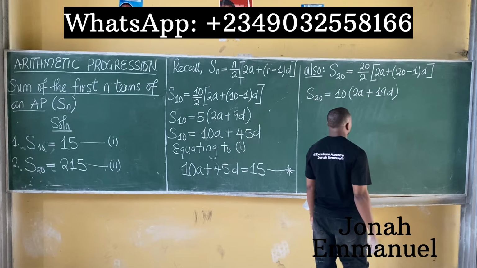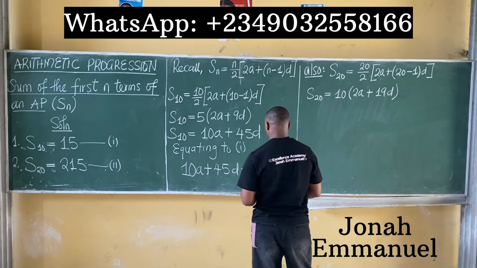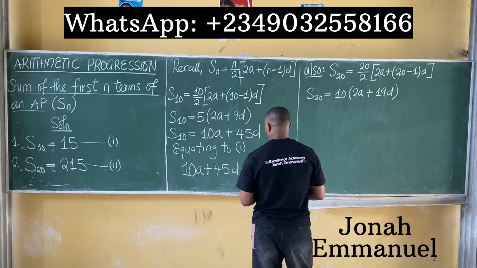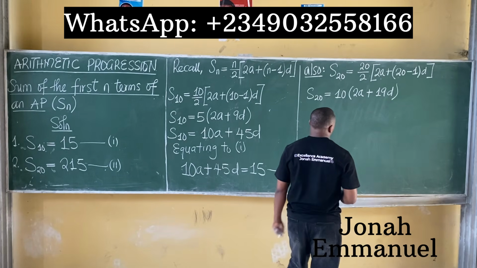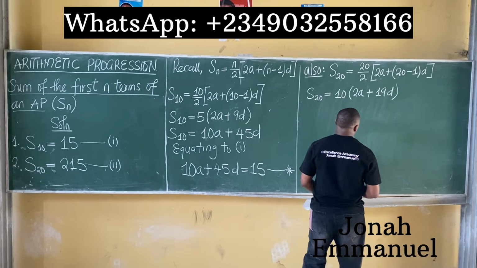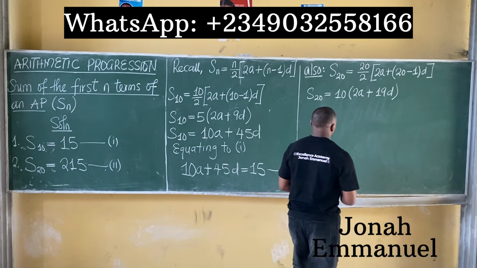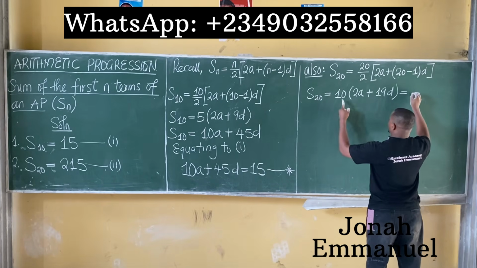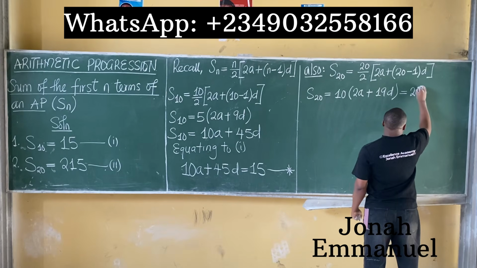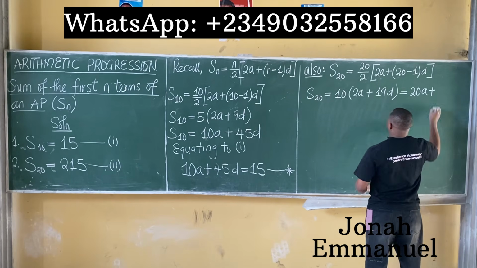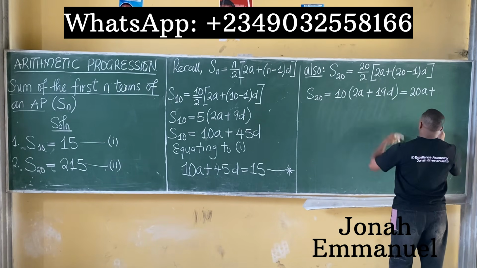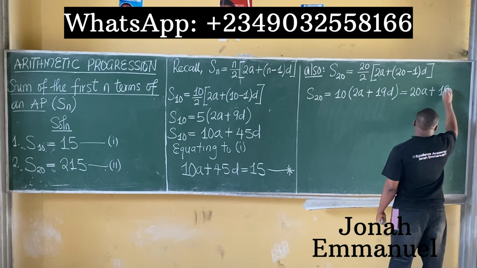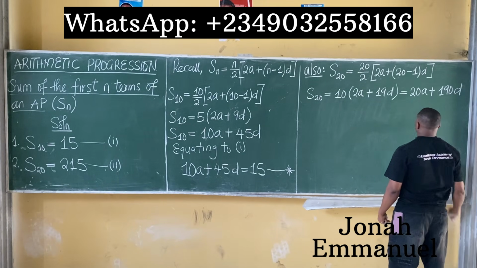Proceeding here, let's expand this. It is equal to 10 times 2a gives you 20a plus 10 times 19d gives you 190d. So we have this.